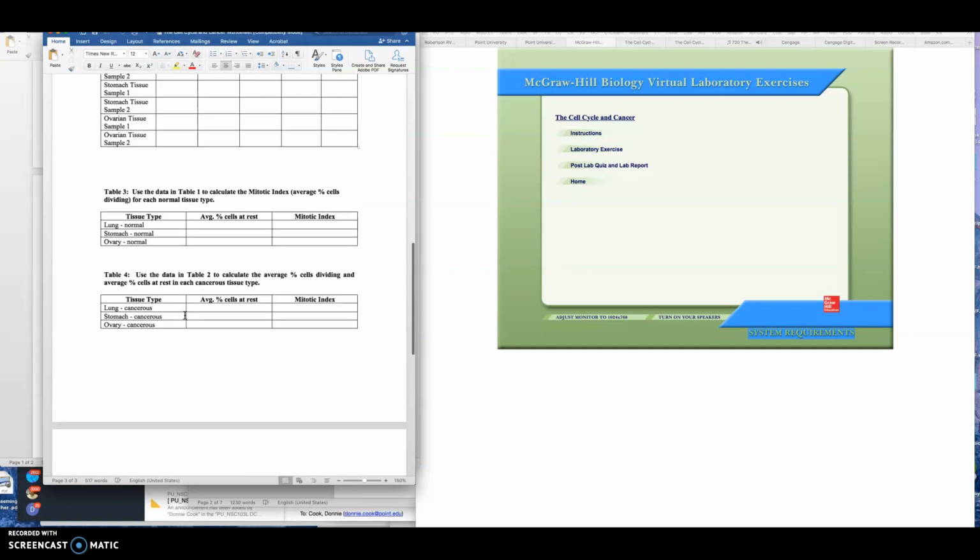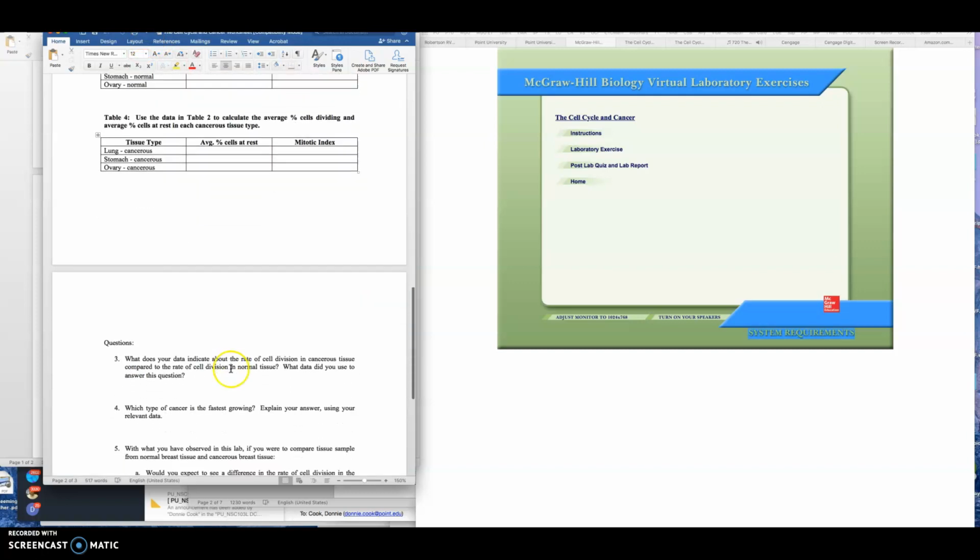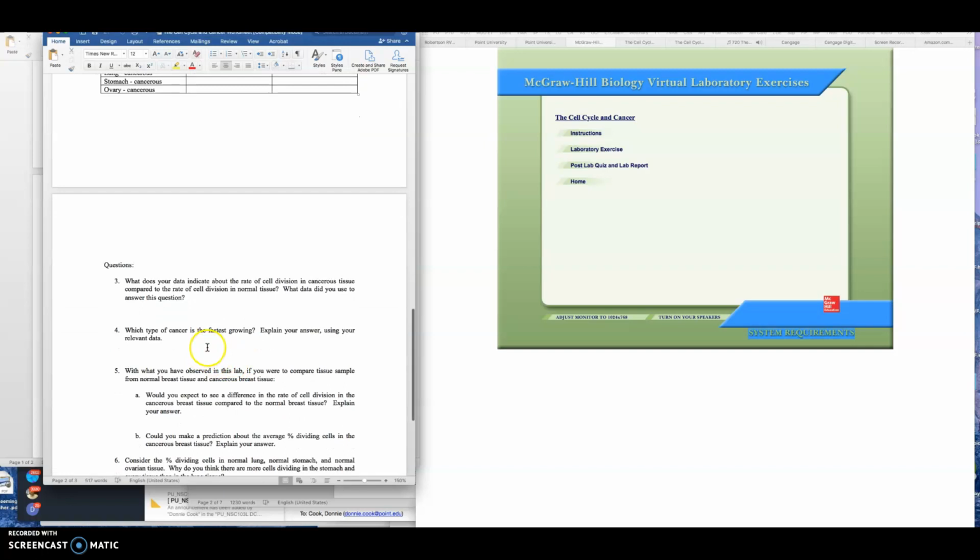Anyway, so we fill out the data table. Here's where we calculate those averages that the other report was telling us about. So we do it for lung, stomach, and ovary. And then hopefully we can answer the questions.